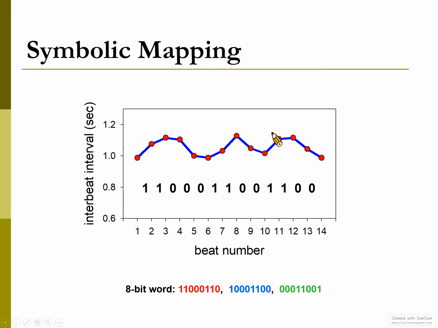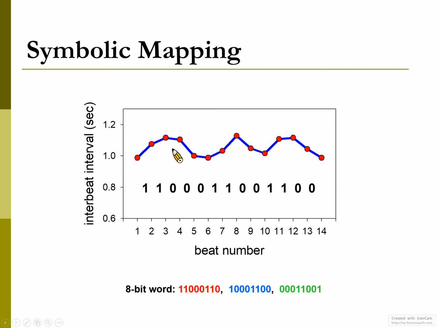The way I do this is very simple. I just calculate and try to identify the up and down patterns of this heart rate sequence. So in this case, the horizontal axis is the beat number, and the vertical axis is the interbeat interval. In the case of the slowing heart rate, we assign this as a number 1.